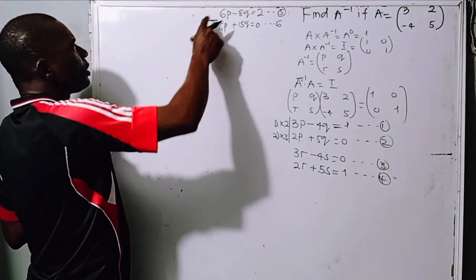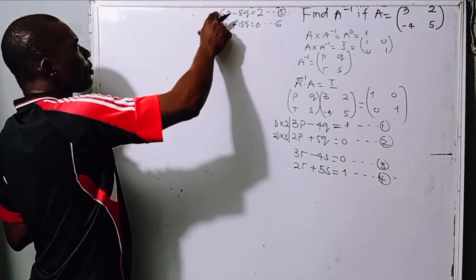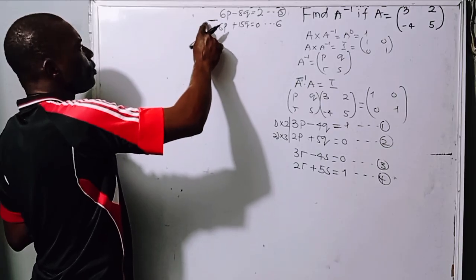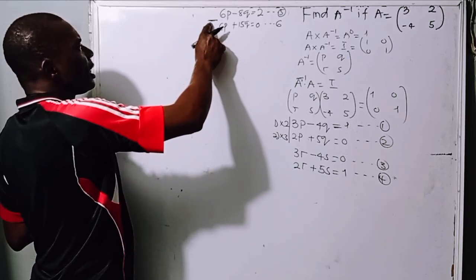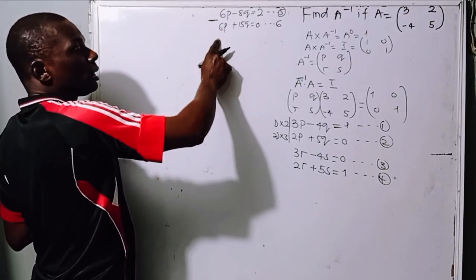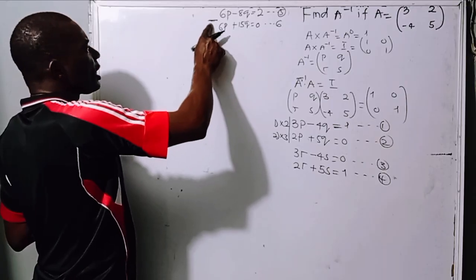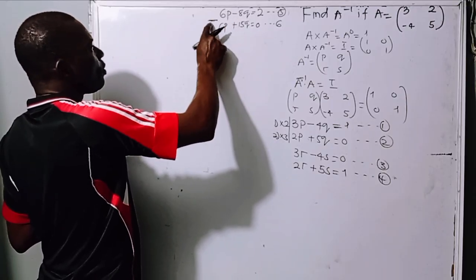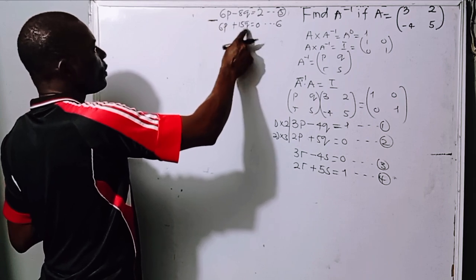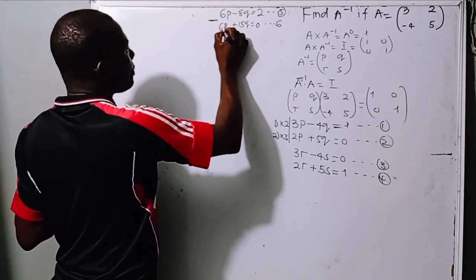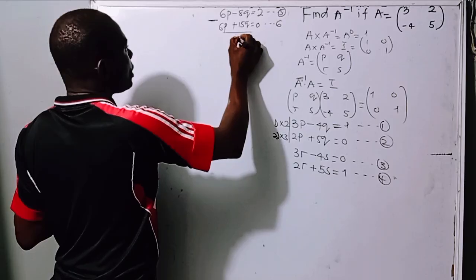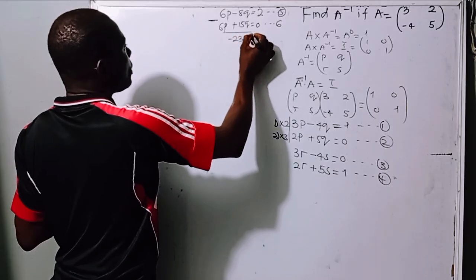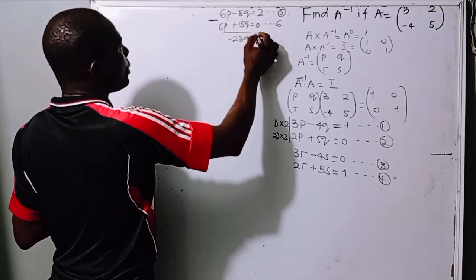Because the coefficient of p here is plus, plus, we put a negative here, and the negative eliminates p. This negative sign will affect this, so minus 8q minus plus 15 is negative 23q. So 2 minus 0, 0.